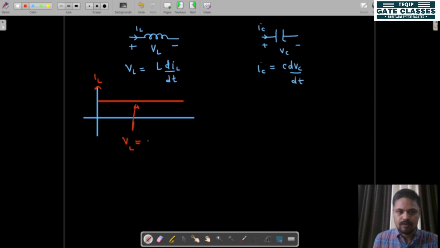It means the inductor is doing nothing, it is just behaving as a short circuit, as if it is not present in the circuit.